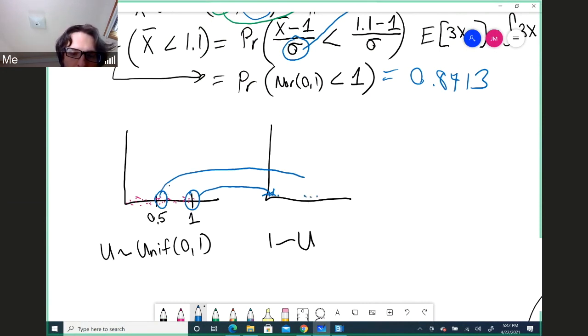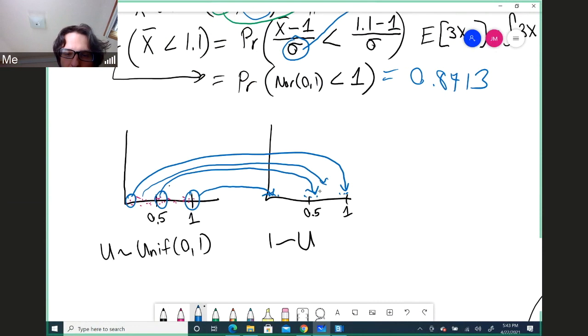And 1 minus something close to 0 is going to equal something close to 1. So this is 0.5, and this is 1. You can do the same thing with all of these, and you can see that we still have the same sort of distribution as before. It's still a uniform between 0 and 1. And so that's why you can do that trick between u and 1 minus u.